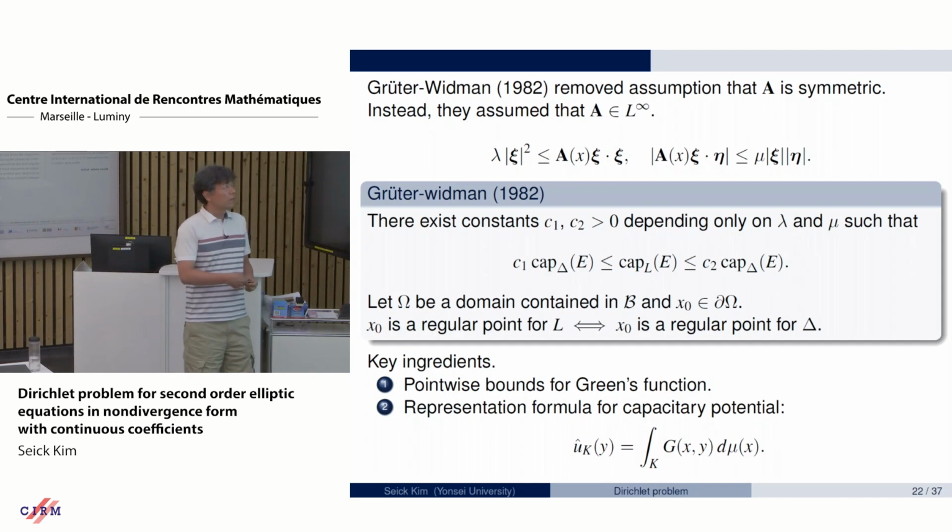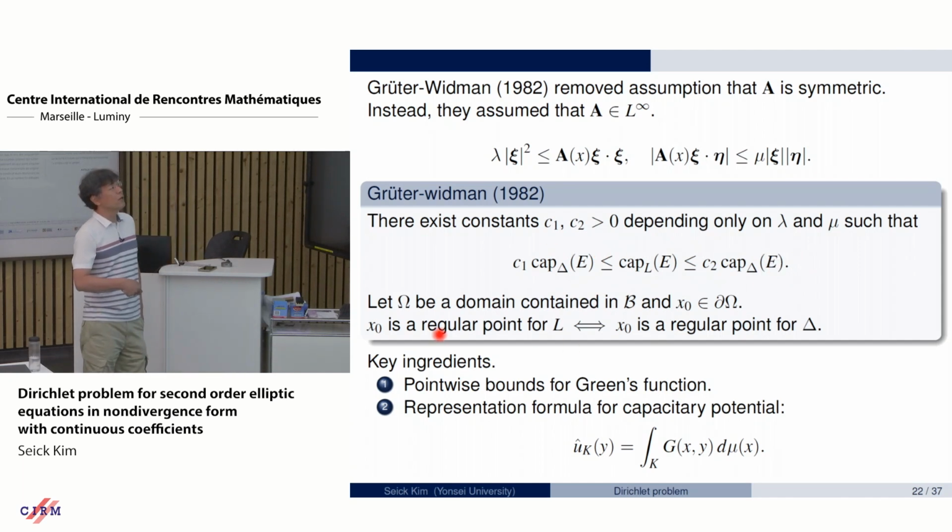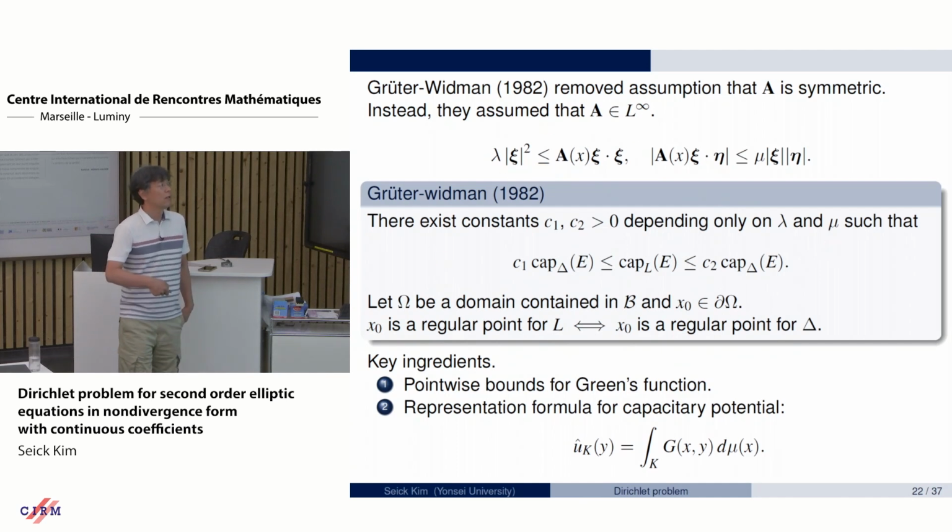So then what they proved is that the capacity with respect to L is comparable to the capacity with respect to the Laplace operator. And so you have this theorem. Again, they reproduce the Littman-Stampacchia-Weinberger result without assuming the symmetry of A. Okay?